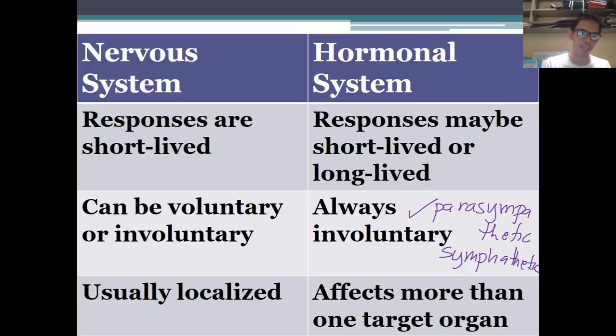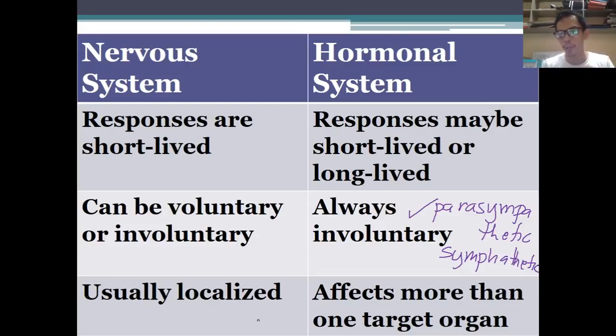Next, the nervous system is localized. As I've said earlier, the effect of the nervous system response is localized in one area, while hormones affect more than one target organ. For example, growth: the thyroid affects the bones, the muscles, and other organs in your body responsible for growth.